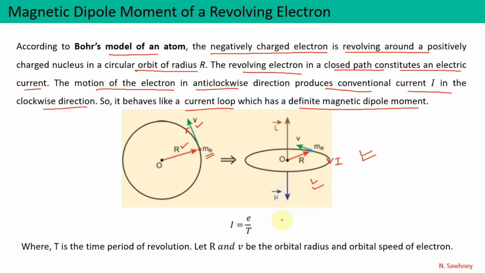We know that current is equal to charge upon time. Here we have considered an electron, so we are considering the magnitude of the charge of the electron, let it be e, upon time period T. I have just told you that r is the radius and v is the orbital speed of the electron.